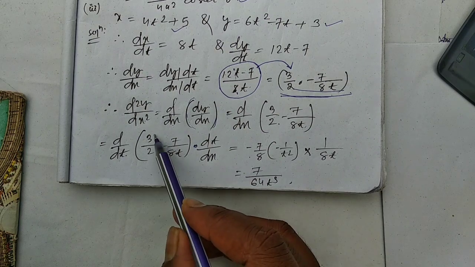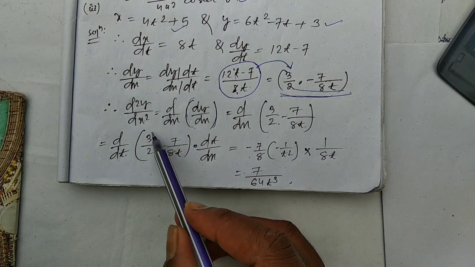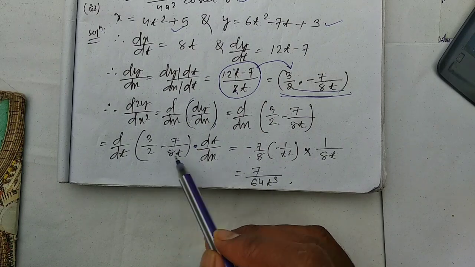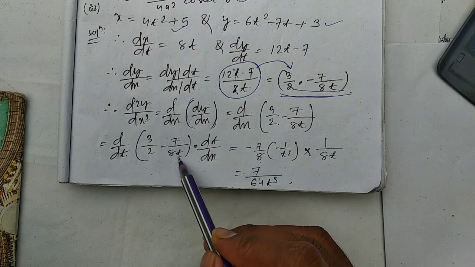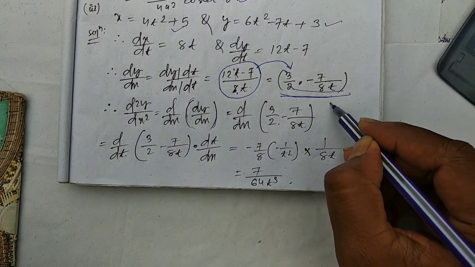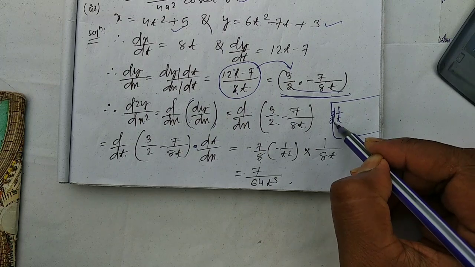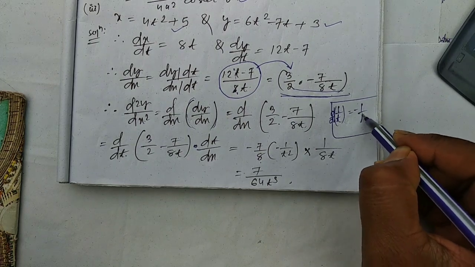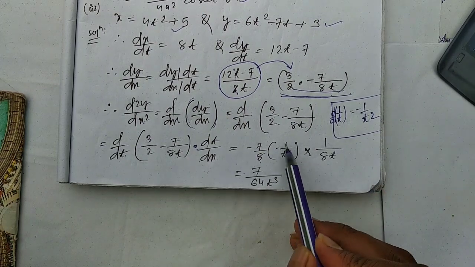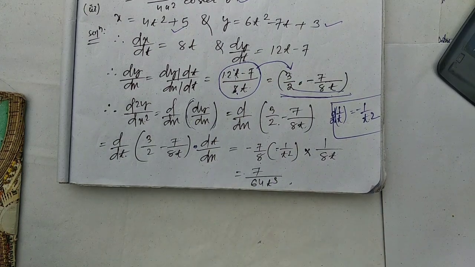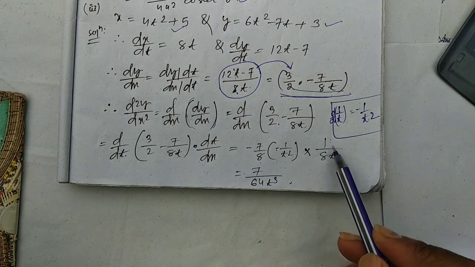Okay, so when we are going to differentiate, derivative of constant will be 0, minus 7 by 8 constant taken outside, and derivative of 1 by t will be minus 1 by t square, that I have written here. Then dt by dx, just take the reciprocal of dx by dt, that is 1 by 8t.